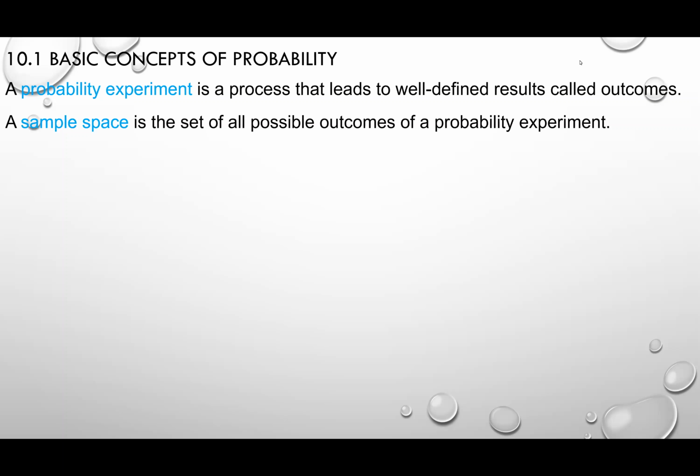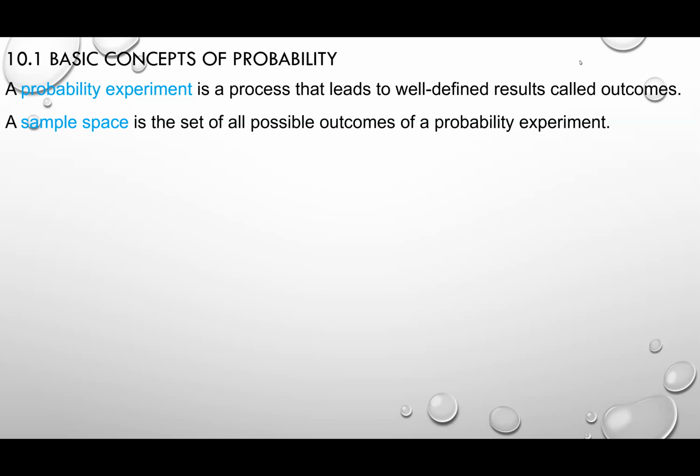The sample space is basically the total possible outcomes that you have. So if I flip the coin, the sample space will be a head or a tail. If I roll a 6-sided dice that contains 1 dot, 2 dots, 3 dots, 4 dots, 5 dots, 6 dots, those are your sample space.